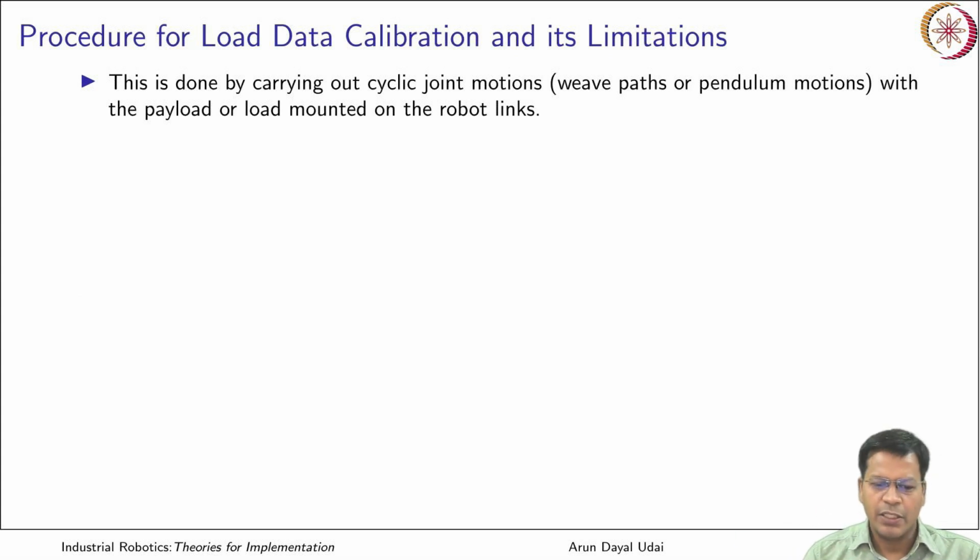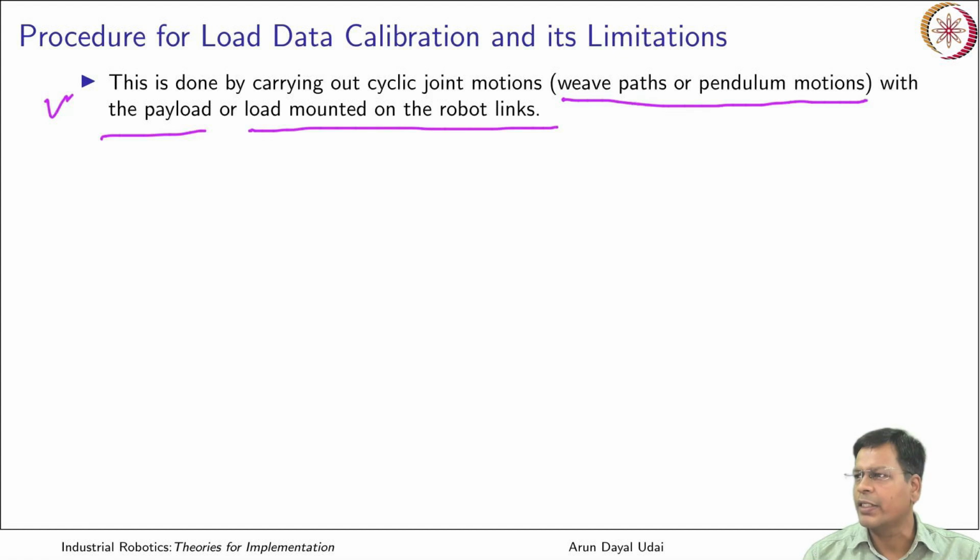We'll discuss that. This process is done by carrying out cyclic joint motions, V path or pendulum path motions. They are commonly known as V path or pendulum motion in different robot terminologies, with the payload, which is already there, and loads mounted on the robot link, those are the supplementary loads.